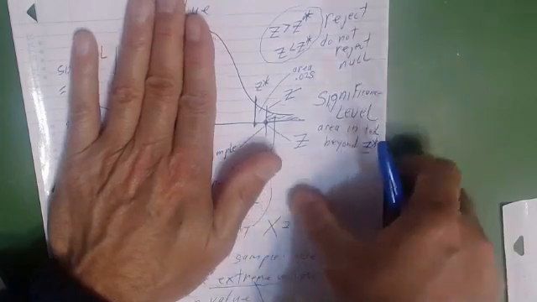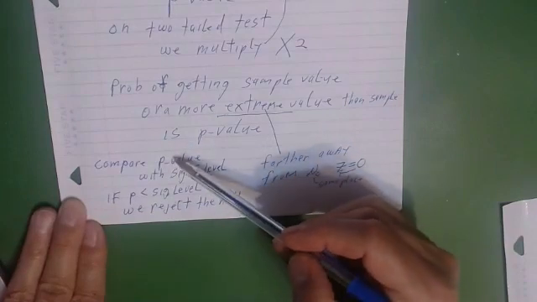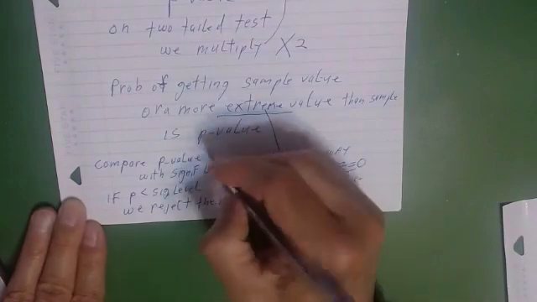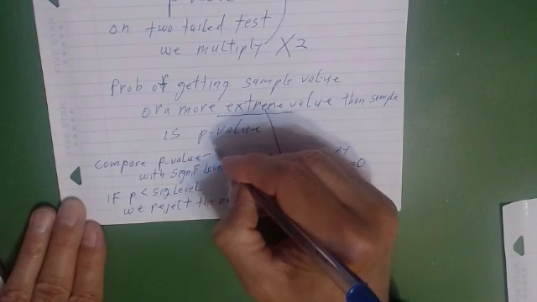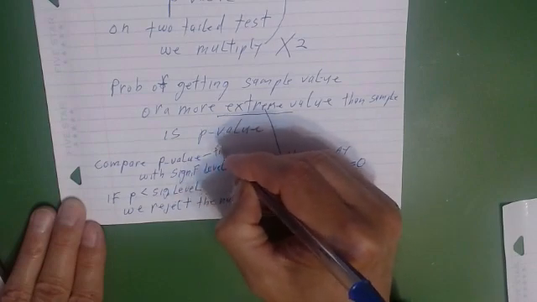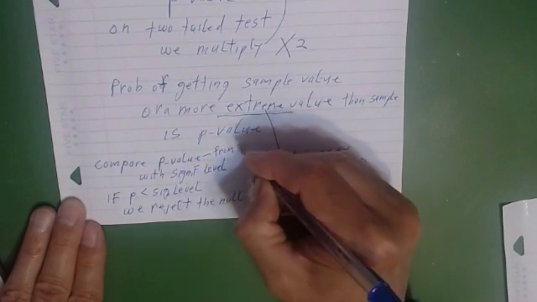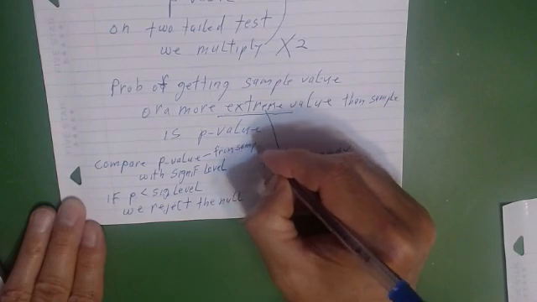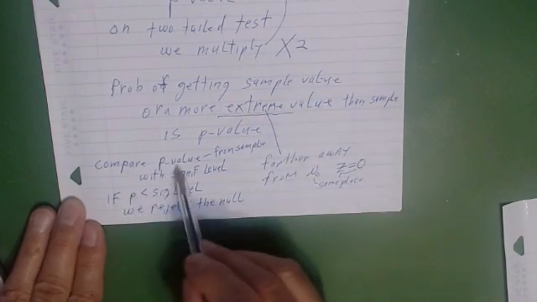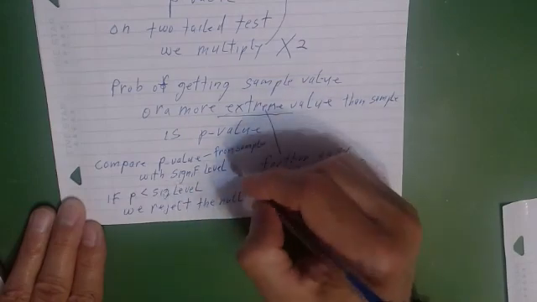And so a statistical test, when you're talking about p-values, is you compare the p-value that you get. The p-value comes from the sample. You compare that with the significance level.